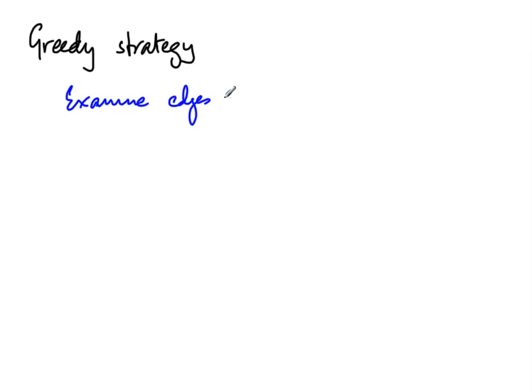So there is a natural greedy strategy that one can think of, given that one wants to minimize the cost. Okay, and the greedy strategy is to examine edges in increasing order of cost. Right?